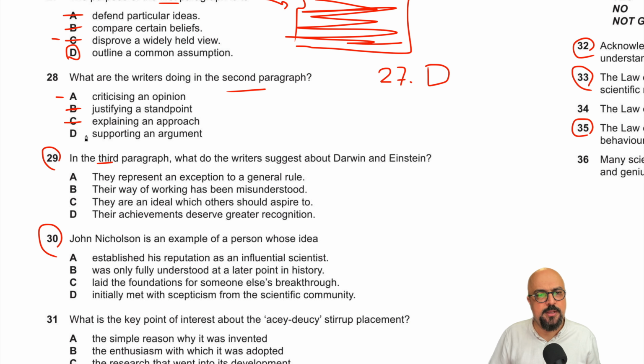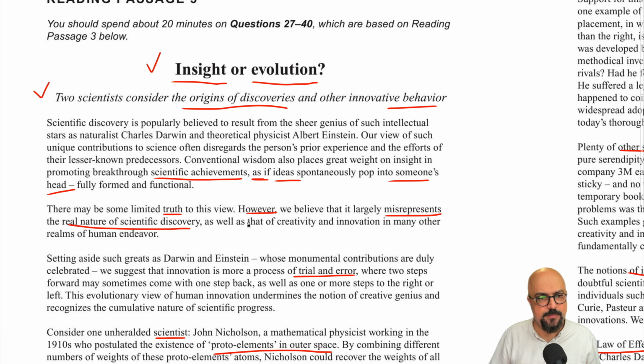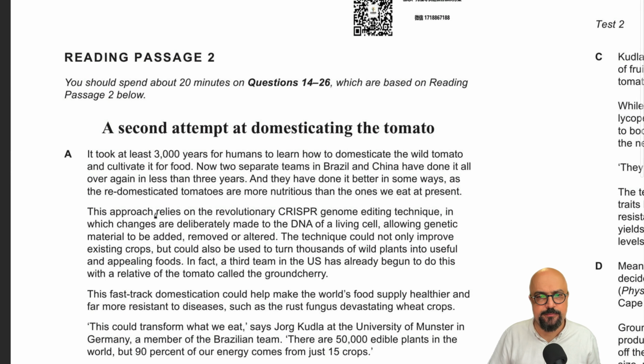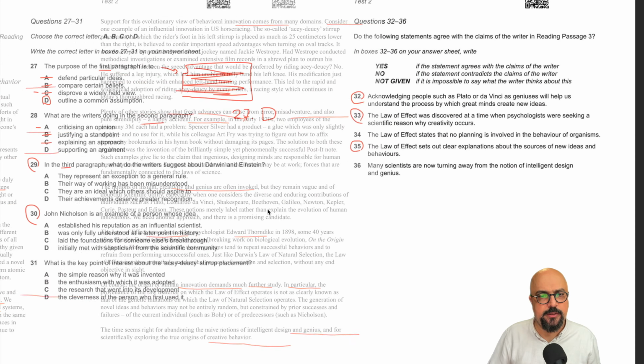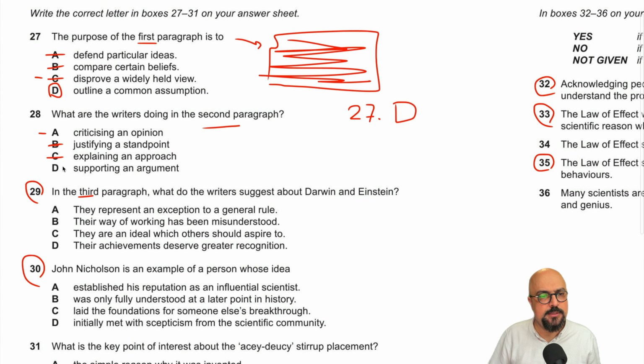Supporting an argument? I didn't see an argument to support. No. Okay, so what happened? Oh, okay. Here it is. So yeah, it is not supporting anything.